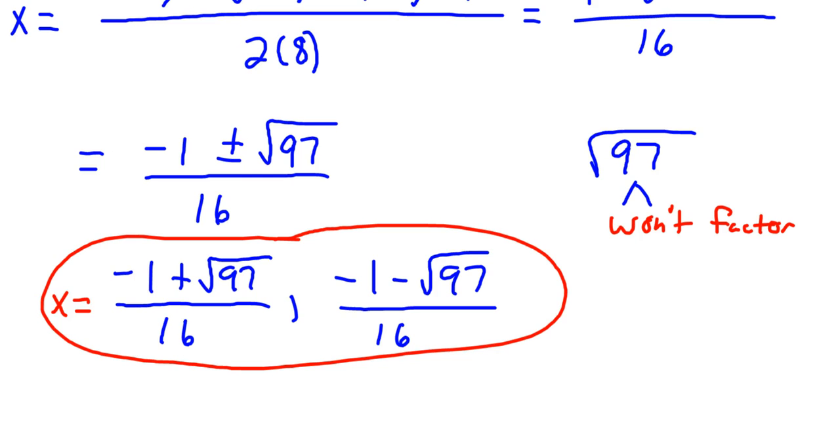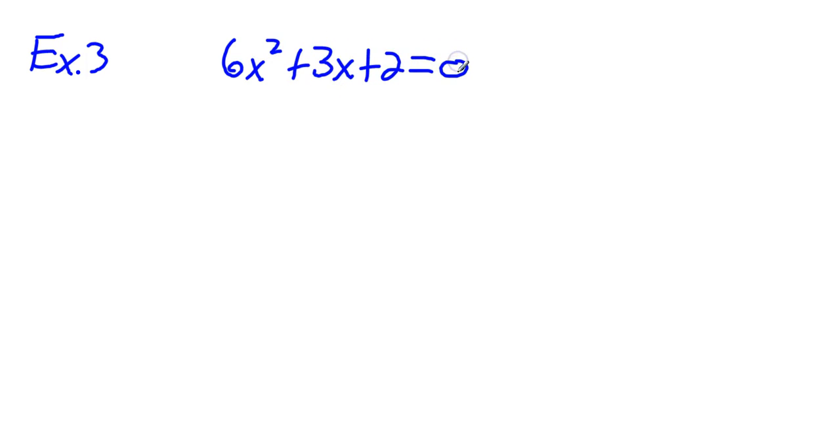Okay, and then when you're going through these, they kind of give you a good hint on the next ones. For this one, you've got 6x squared plus 3x plus 2 equal to 0.